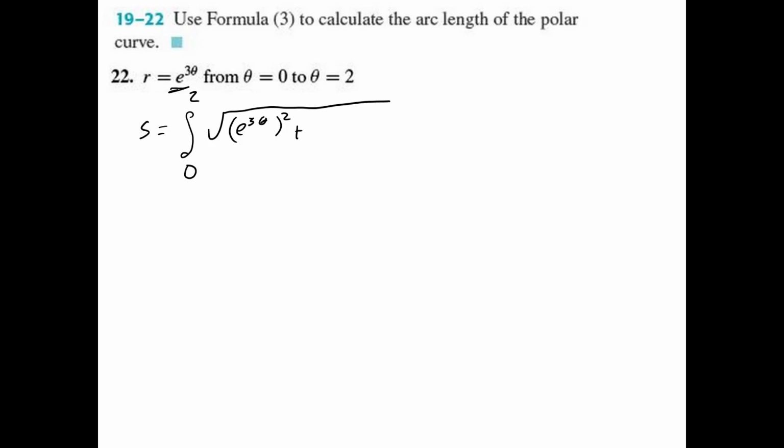But the derivative of this is a composition, so the derivative of e to the 3 theta is e to the 3 theta, same inside, times the derivative of the inside, 3, and then this gets squared, d theta.